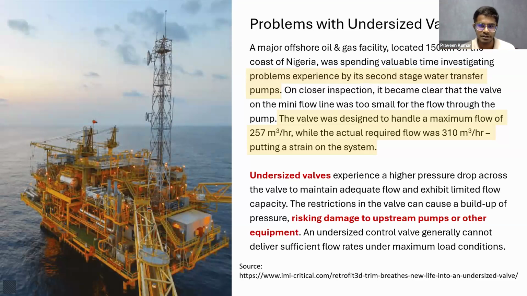On closer inspection, they found the system requires a 310 meter cube per hour flow, but the valve was designed to handle a maximum flow of 257. Clearly, it's an undersized valve problem. The undersized valve experiences a higher pressure drop and restriction, pressure builds up in the system, and there is a risk involved. It can damage the upstream pump and other equipment in the line.